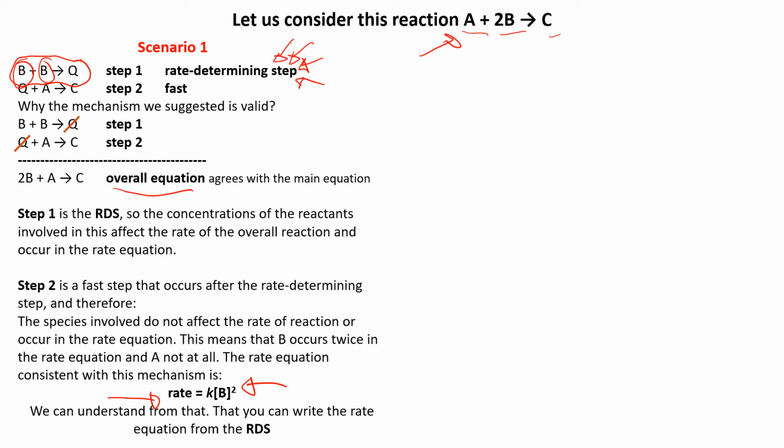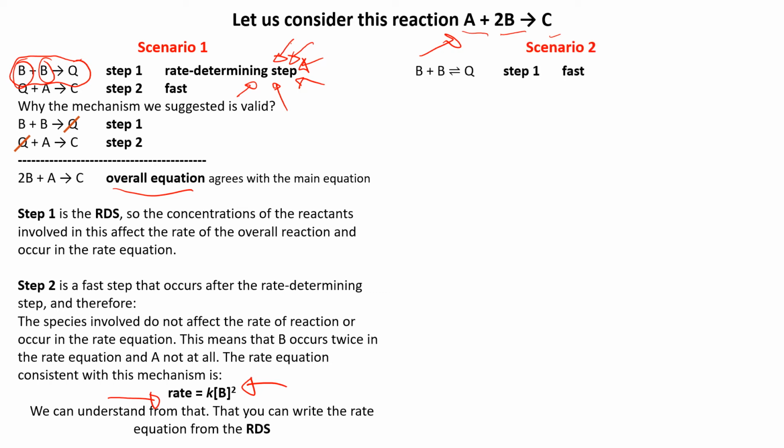It is given or determined according to experimental data. So as long as we know the rate determining step from experimental data, we can use its reactants' concentration to write our rate expression. This is scenario number 1.